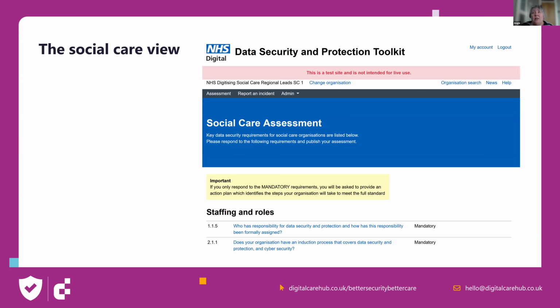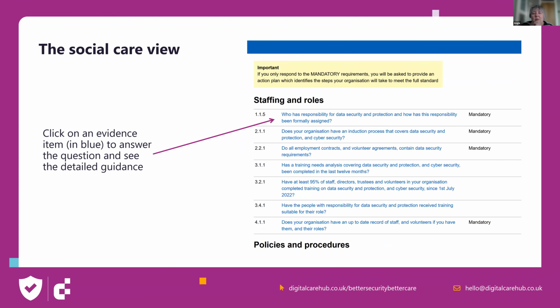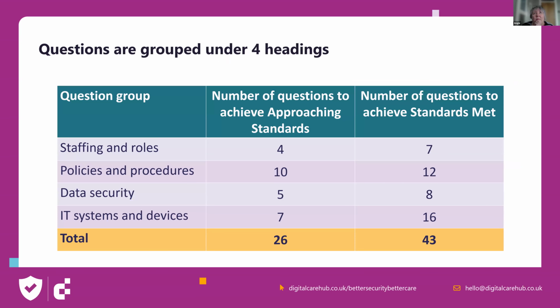To complete a question, you click on the blue writing, which you can see there, so who has responsibility, and that will bring up the question, and then you can answer it in the boxes provided. Okay, so the next slide. So as I said, you click on the evidence item in blue and answer the questions, and you will also see some detailed guidance on there.